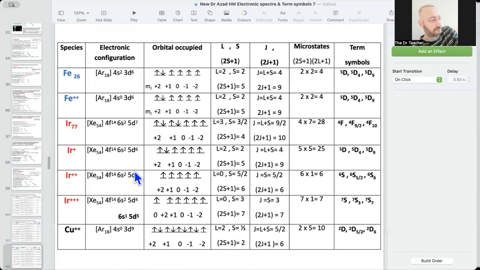And here you have more. For the iron, you have 4s2, 3d6. Losing 2 electrons from where? From the s. So you count 6 electrons in the d orbital, and do your calculation. Iridium 77: if you lose 1 electron, from where? From the s, and the d orbital will remain.